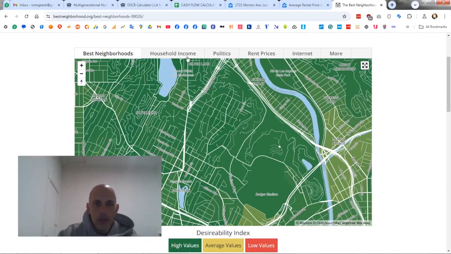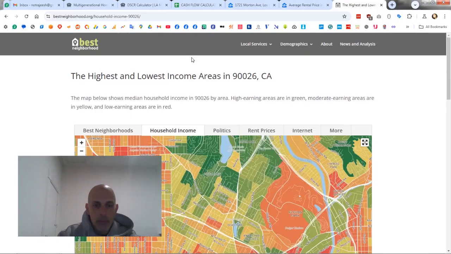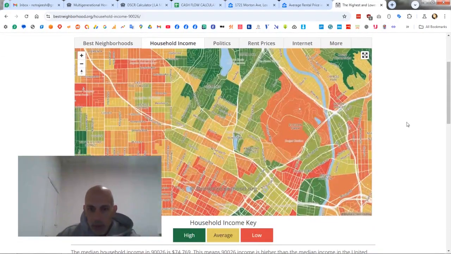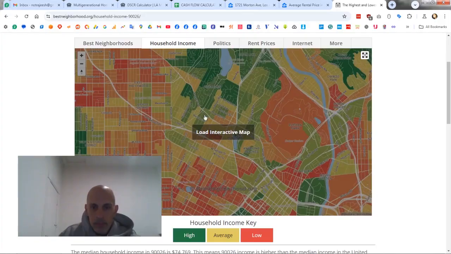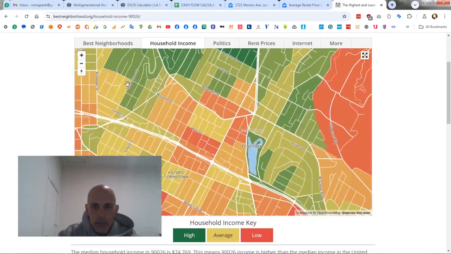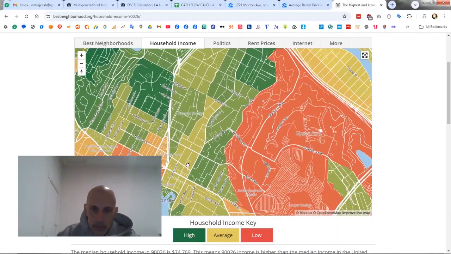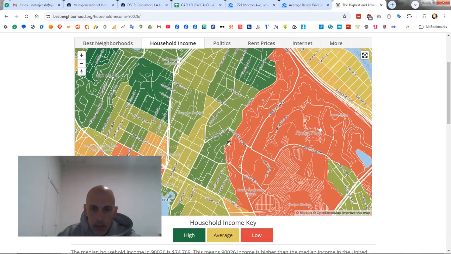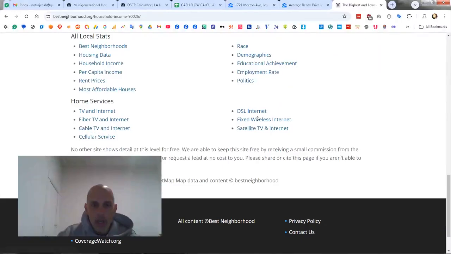Best neighborhoods, household income. It's sort of like right on the border, so like not quite average, a little bit on the higher side. Rent prices, internet, more.